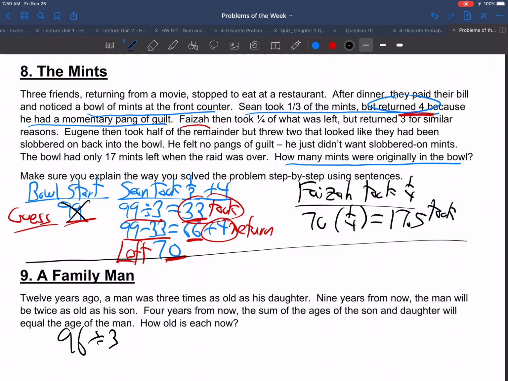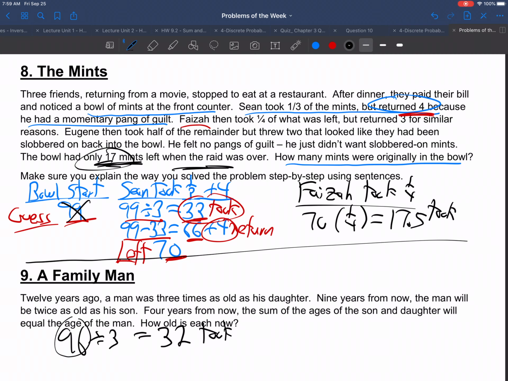So go back to Sean again, and you just got to keep working it out, going through the various guesses until you get 17 left in the end. That's how you're going to need to work out that problem. Do you understand what I'm saying? So this would be 32. If we started with 96, Sean took 32. 96 minus 32 is 64, but then returned 4.